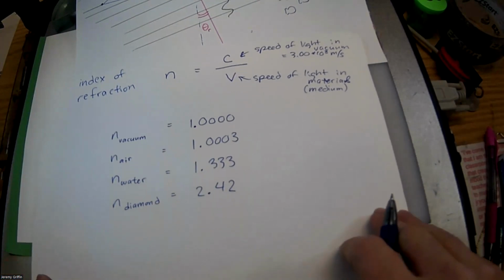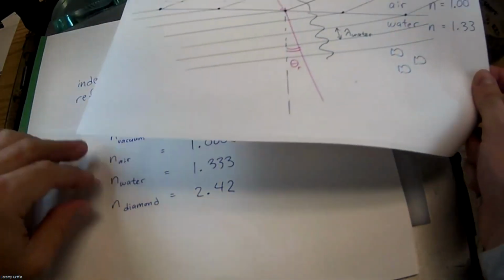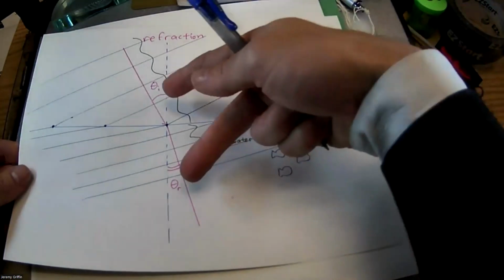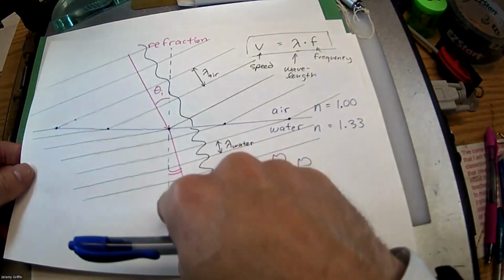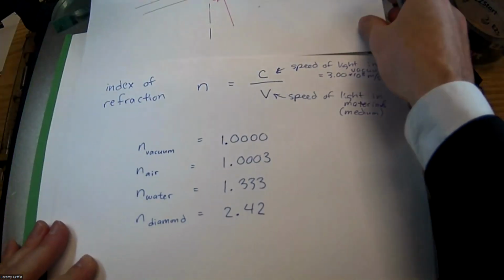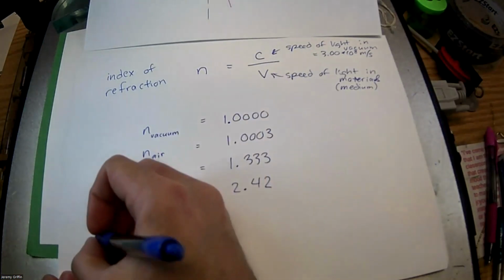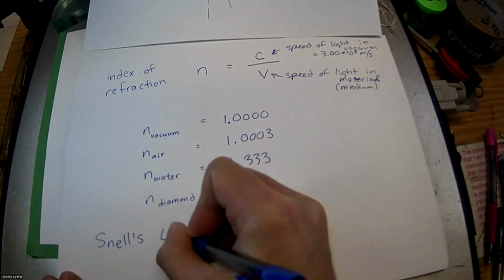All right, and then I need one more equation to tie this all together, because how are these indices of refraction related to these angles? This angle of incidence relative to this normal line, this angle of refraction relative to this normal line. The equation that ties it all together is called Snell's law.